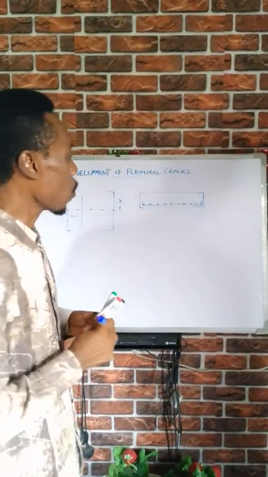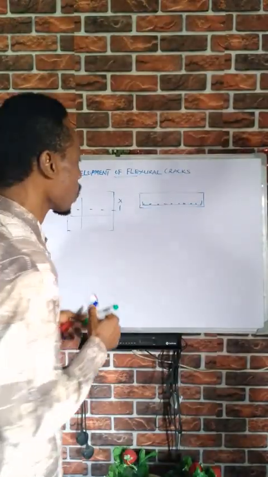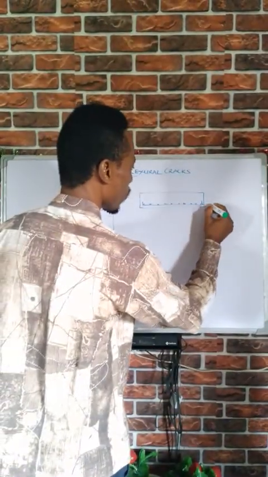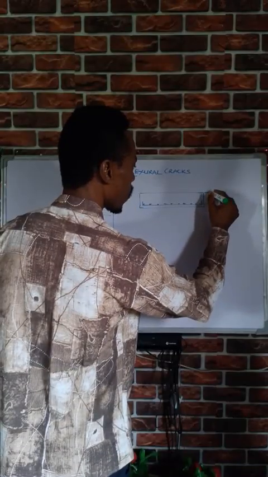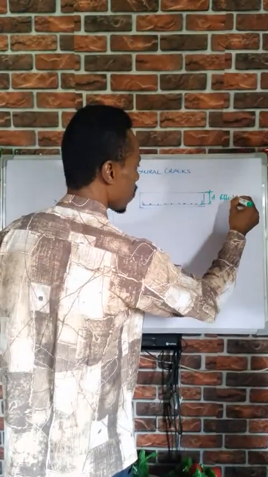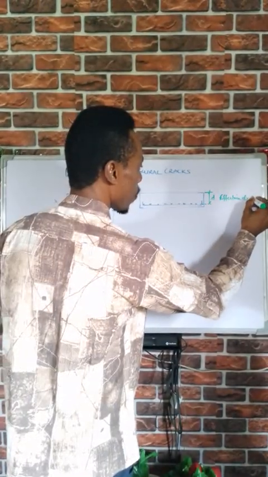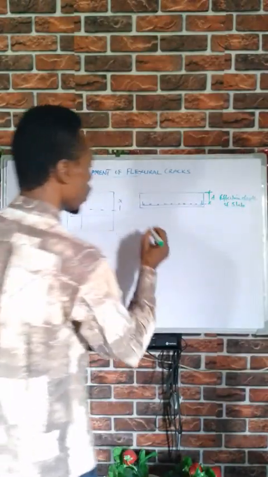When you have a beam in this manner, from the center of this reinforcement to this part is what we refer to as d, the effective depth of the slab.